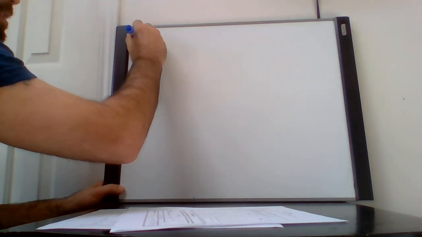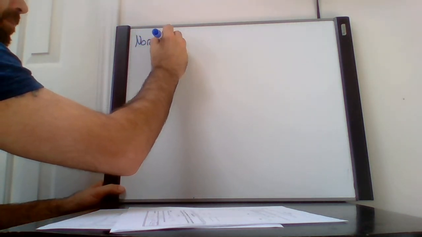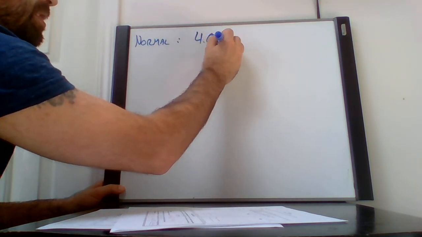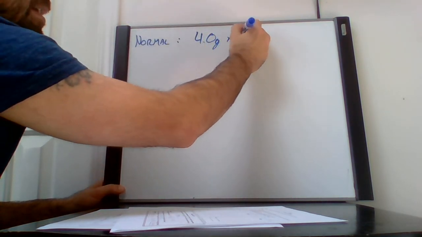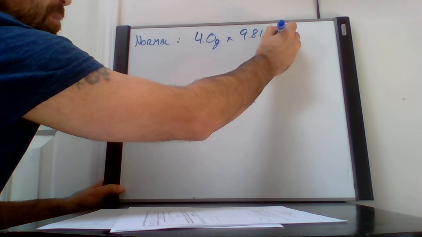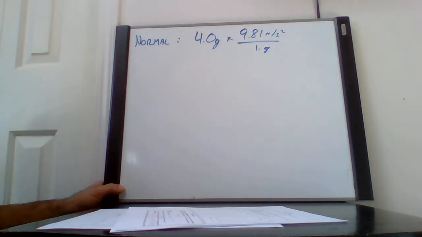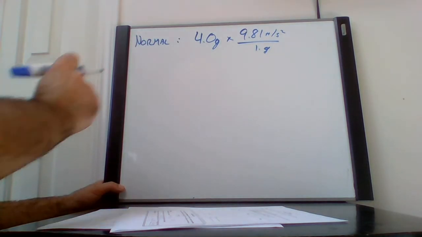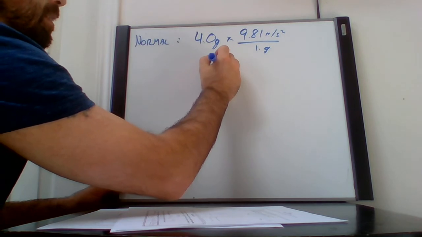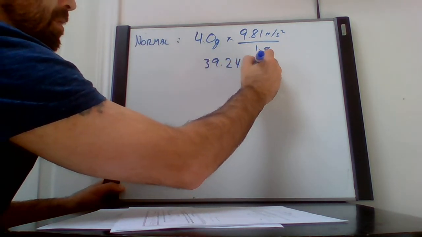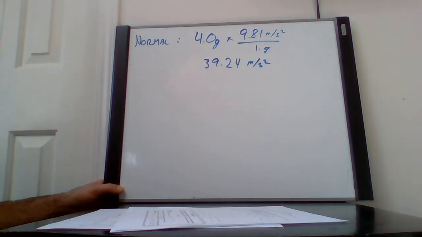For a normal person, we are looking at 4.0 g's multiplied by 9.81 meters per second squared for every 1 g. When we multiply those out, we get 39.24 meters per second squared.